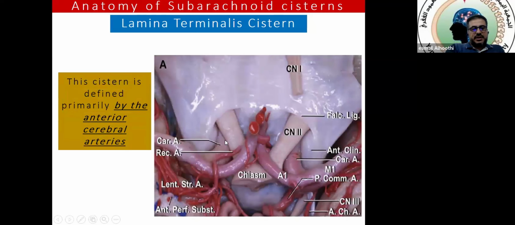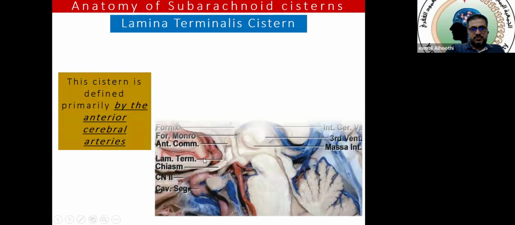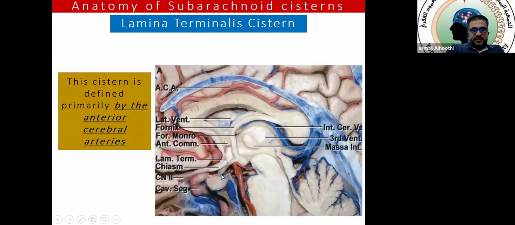This cistern is defined primarily by the anterior cerebral arteries. As you see here, this is the chiasm, which forms the inferior boundary and separates the chiasmatic cistern from the lamina terminalis cistern. Located within this cistern is the anterior cerebral artery.